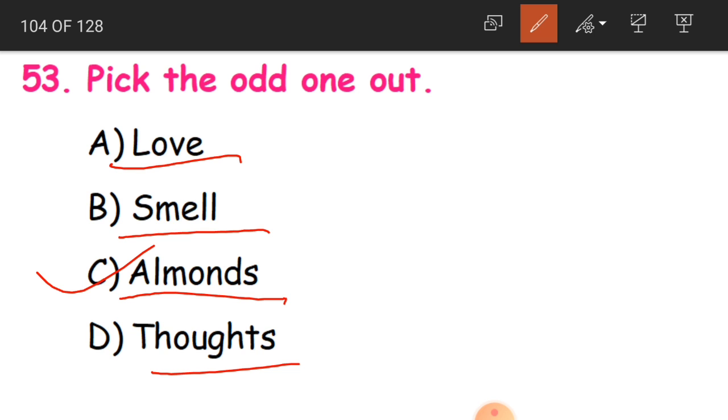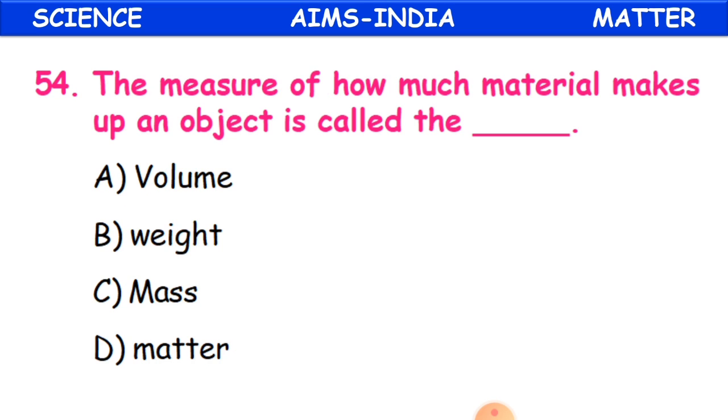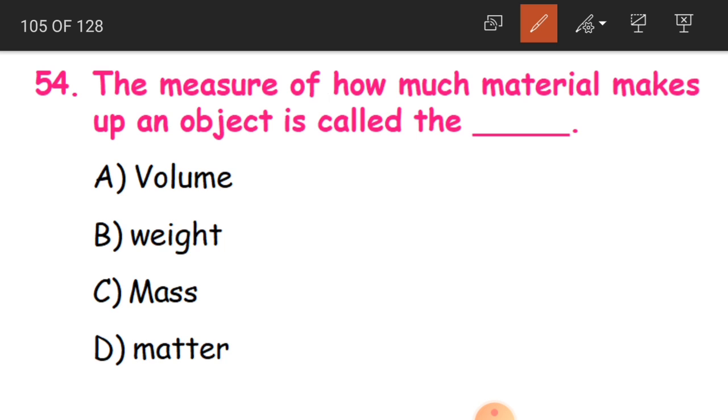Clear, children? Now, the 54th question. The measure of how much material makes up an object is called the dash. Okay, children, so what is this? Is it volume, weight, mass or matter?